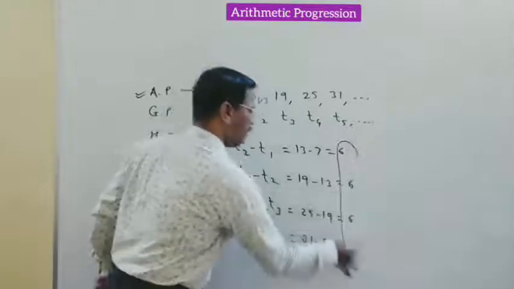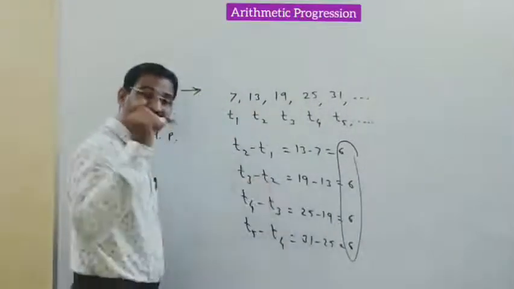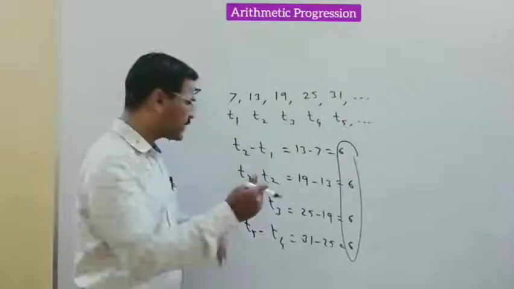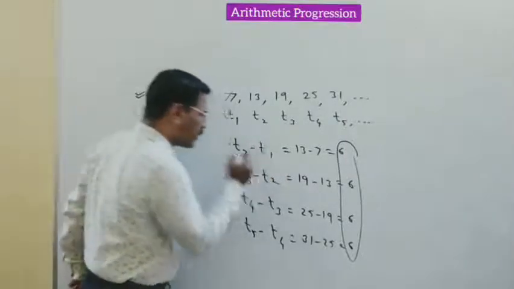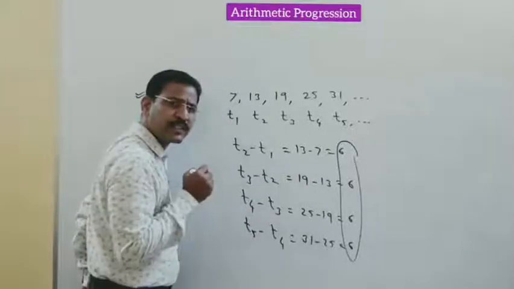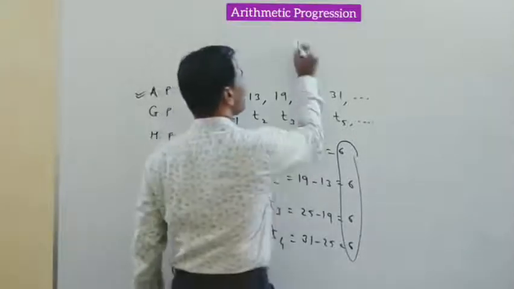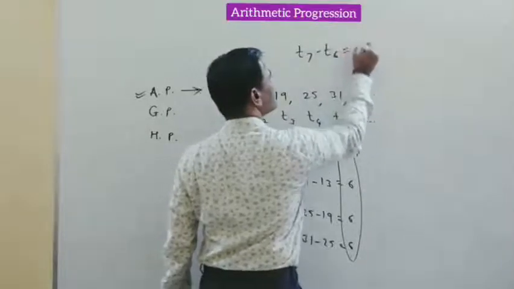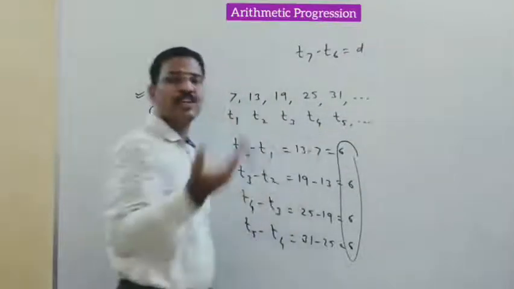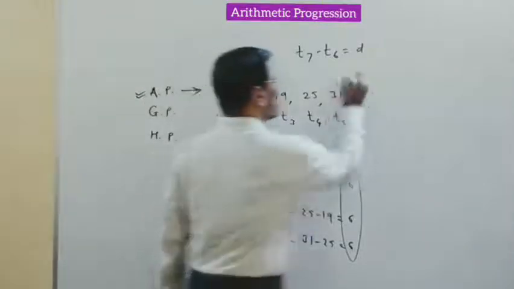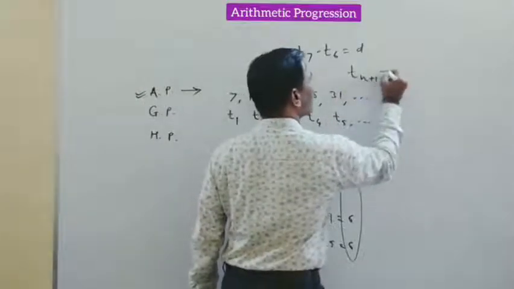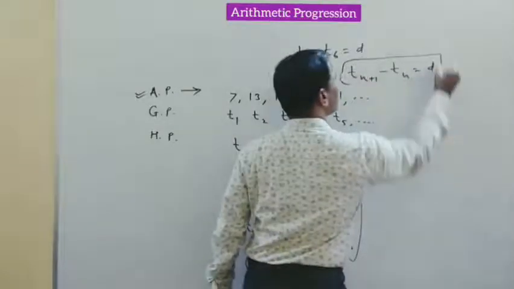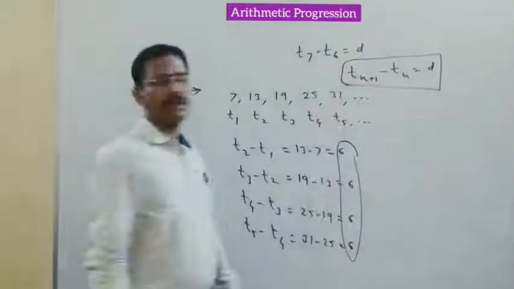See here, everywhere it is the same. That is the common difference. And that common difference is always T2 minus T1, T3 minus T2. Suppose you take the 7th term minus the 6th term, that is D every time. That means in general we can write Tn plus 1 minus Tn is equal to D. This is the common difference.